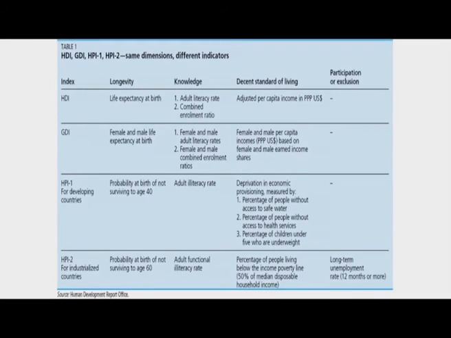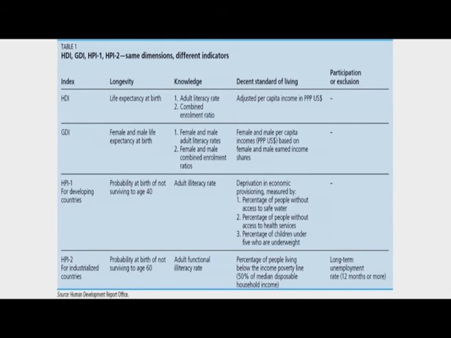Now just to give you a sense of what are the indicators that are being considered, you would see that there are more or less similar indicators that are being considered for each of these indices. However, there are slight differences across the indices. However, all of these indicators together go a long way in trying to explain the levels of human development within countries as compared to the 1970s and the 1980s, when there was an overwhelming focus on the indicator of income.